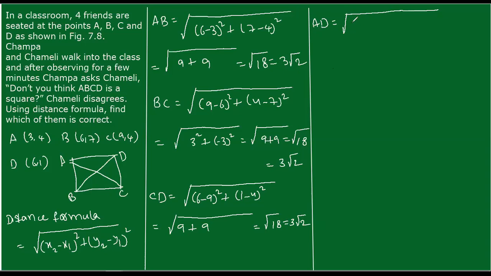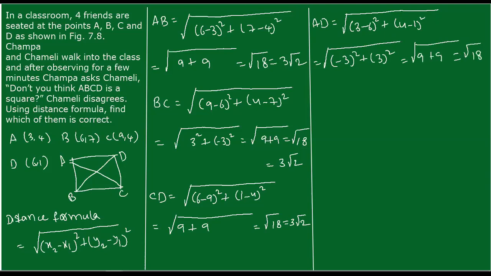So 3 minus 6 whole square and 4 minus 1 whole square. 3 minus 6 is minus 3 whole square, and 4 minus 1 is 3, square 9, and 9 is 18. So I can write 3 root 2. So side AB, side BC, CD and AD, you can observe 3 root 2, 3 root 2, 3 root 2, 3 root 2, all sides are equal.